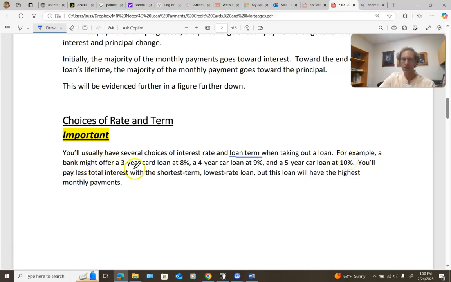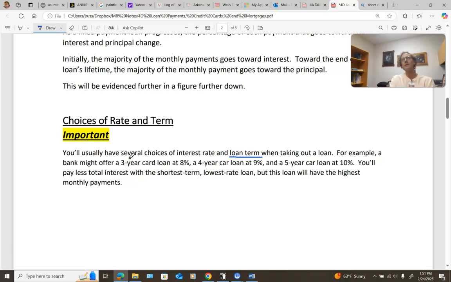You'll pay less total interest with the shortest term. Okay. So even though the monthly payments will be higher, after the car is paid for, you will have paid less in interest. And you'll also get the lowest rate. Okay? The longer the loan term, the higher the interest rate, typically.